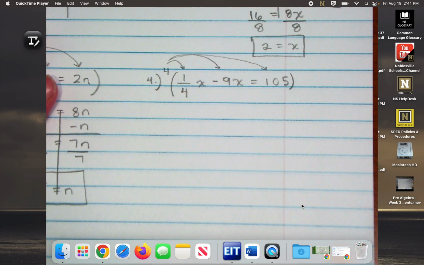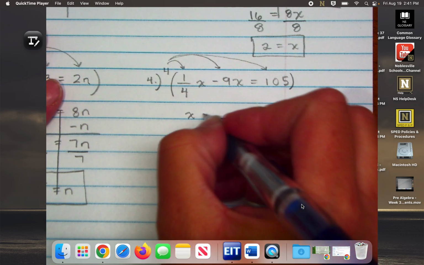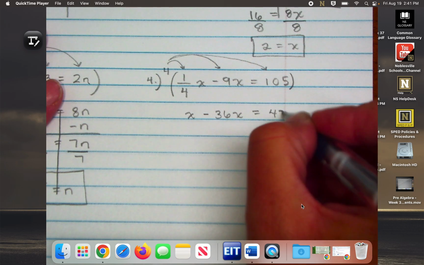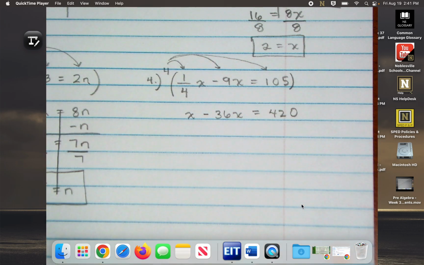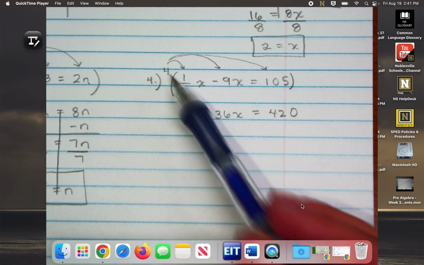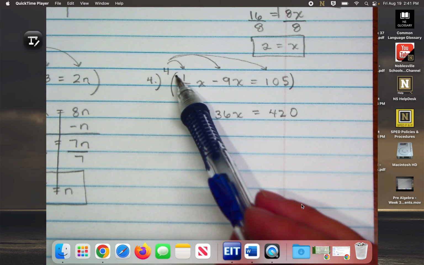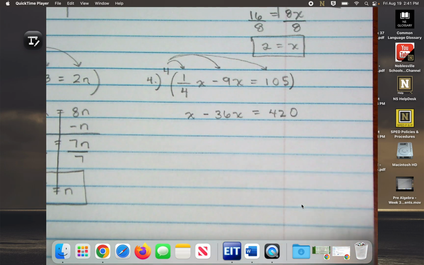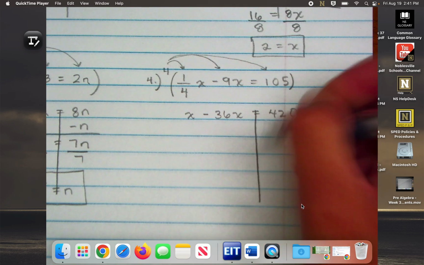Right. So I'm going to have x minus 36x equals 420. Because 4 times 1 is 4, divided by 4 is 1. 4 times negative 9, negative 36. And so now I'm at my two-stepper.